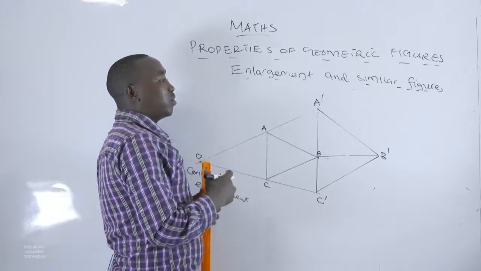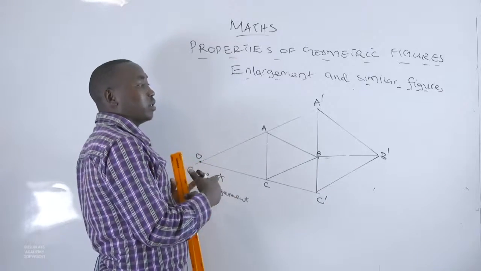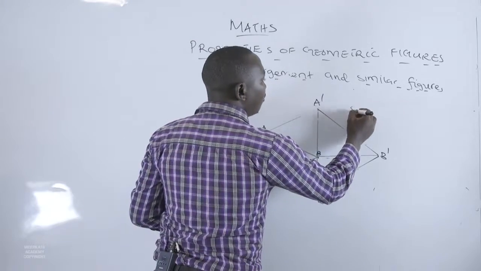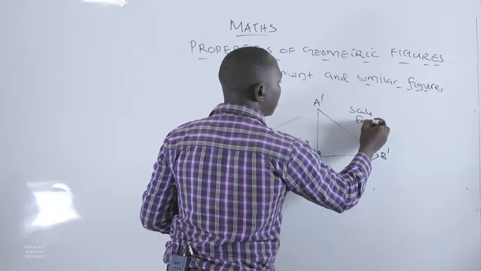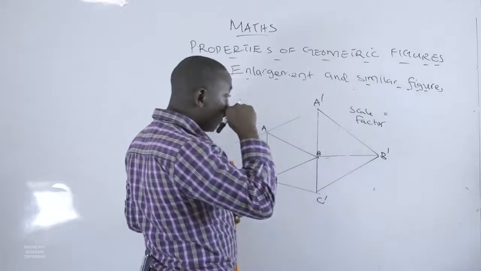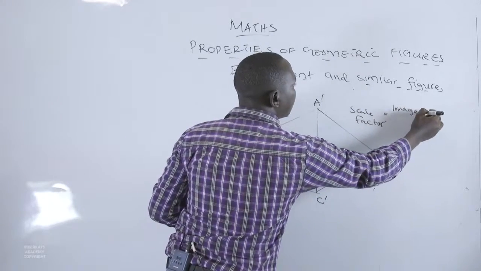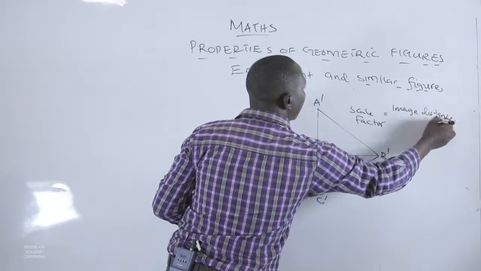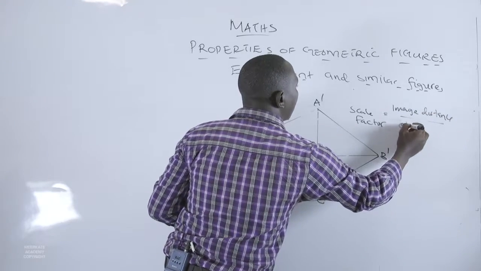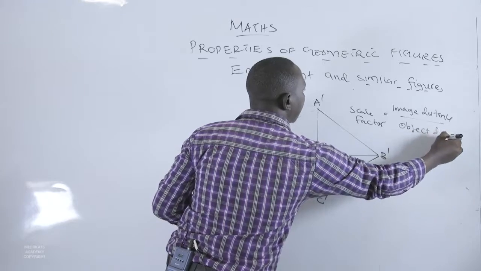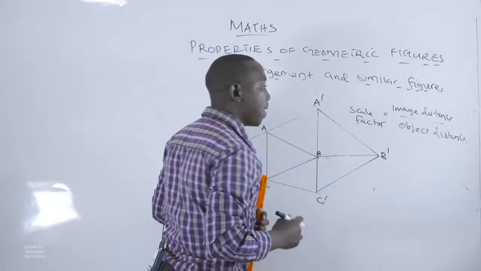Now for us to get the scale factor that was used, the scale factor will be given by the image distance over the object distance.